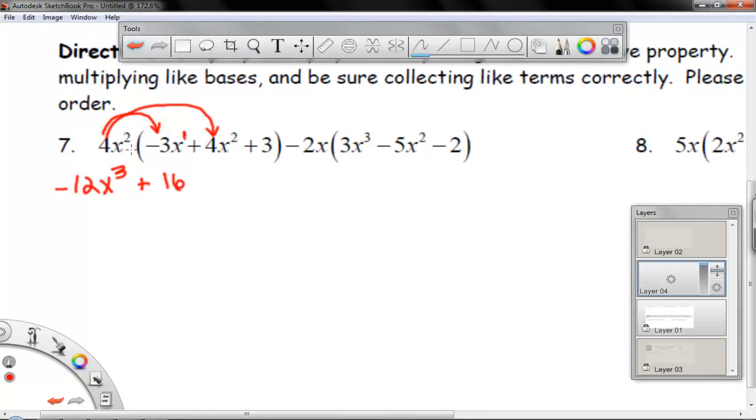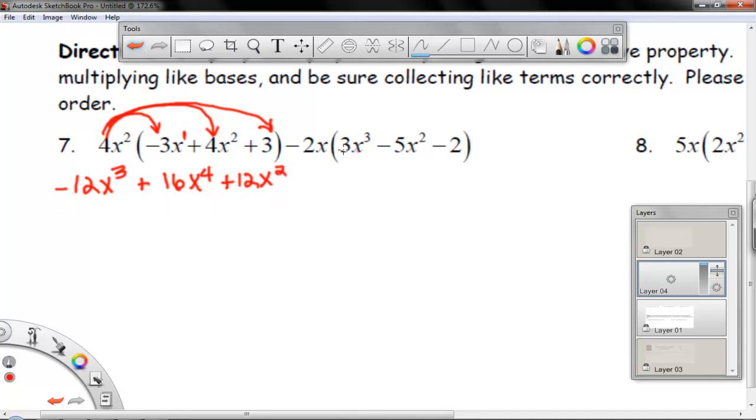And x squared times x squared will give me x to the fourth. And last of all here, I take 4 times 3, which gives me a positive 12. And then the x squared really doesn't have anything to multiply, so it just moves forward.